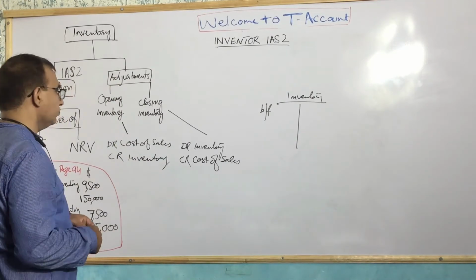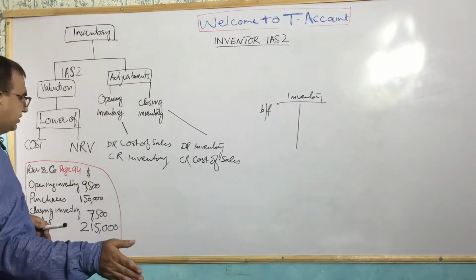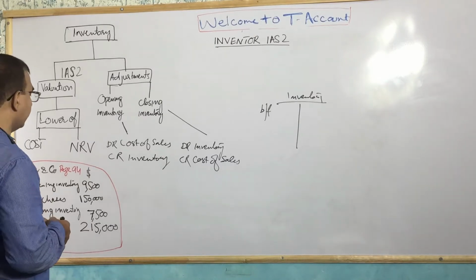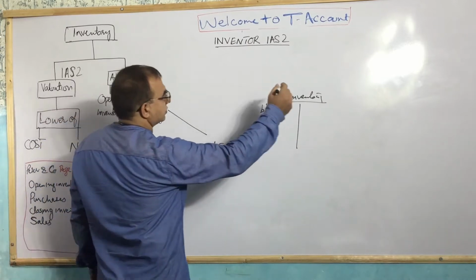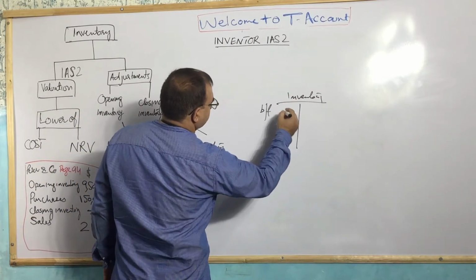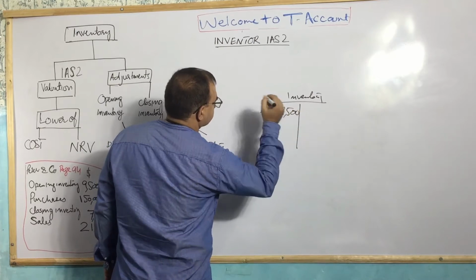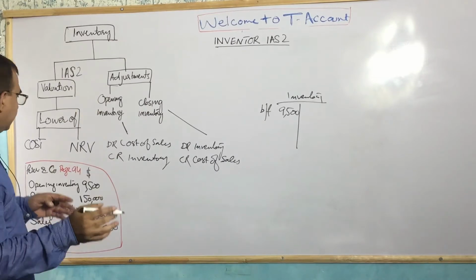So, for instance, it says opening inventory in this example on page 94 is 9,500. The inventory ledger will show this $9,500 opening, with no other adjustment till the year end.